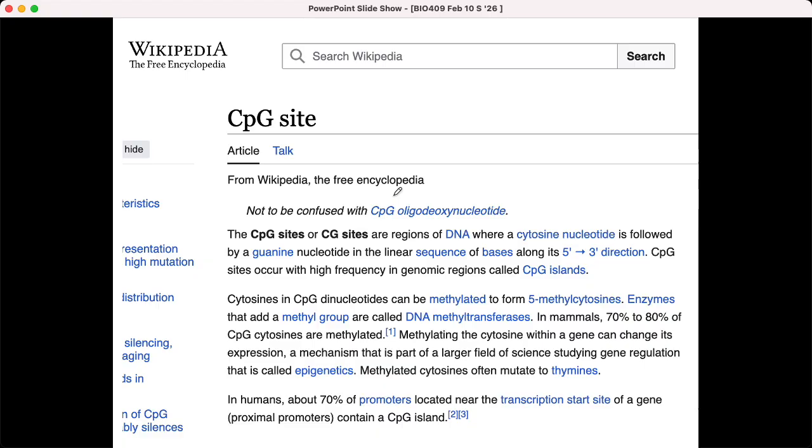And as a result of that, there are regions in the human genome that people refer to as CpG islands. And that means there's just a surprisingly high number of CpGs in that region, and the region is in the cis regulatory region of genes.